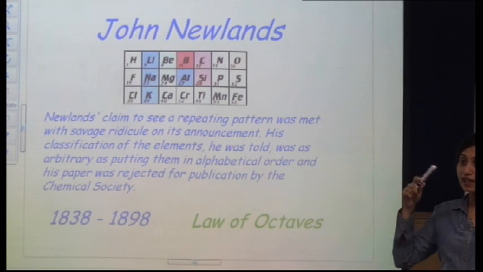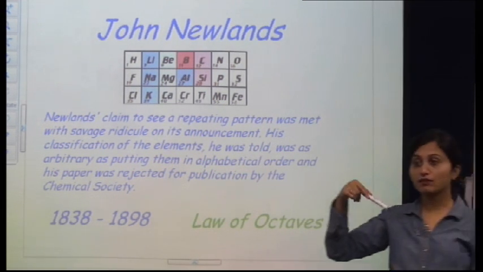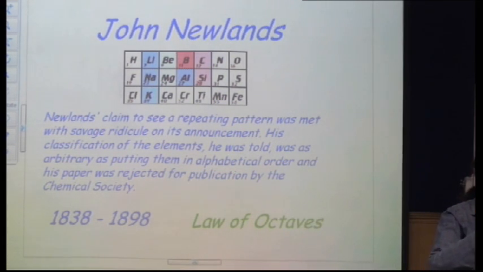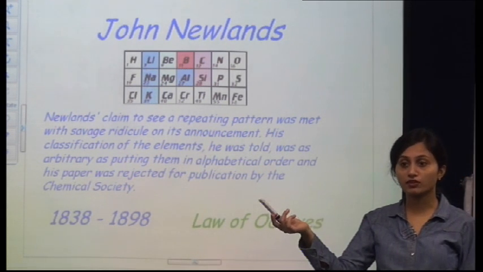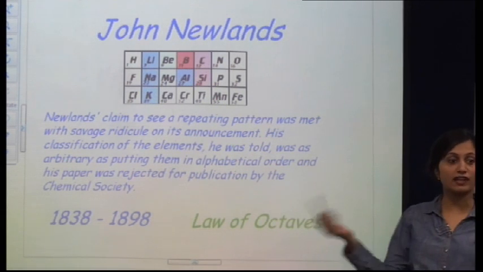Why? Because every eighth element was found to be similar to the first, which was a new kind of behavior, though with exceptions, because it was applicable only till calcium. Then there was no scope for newer elements to be discovered, because there were still many. You cannot just think it's an infinite world.